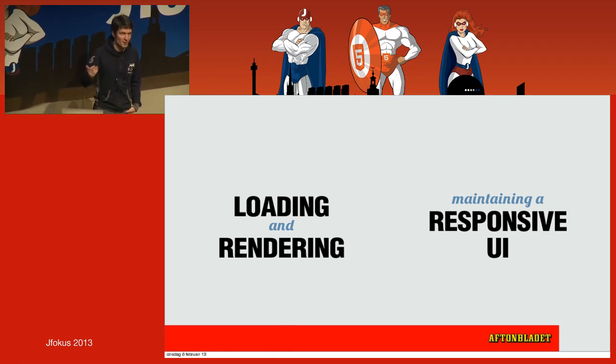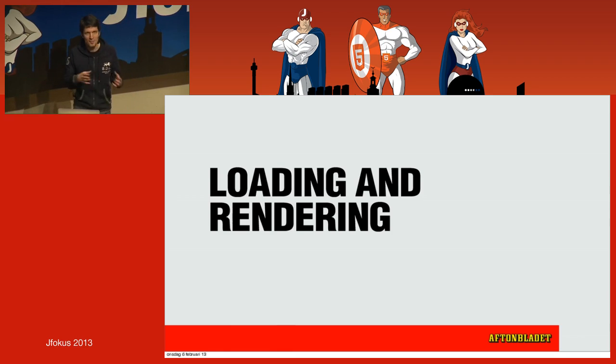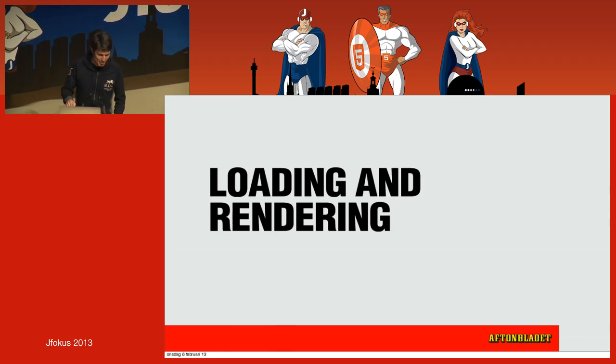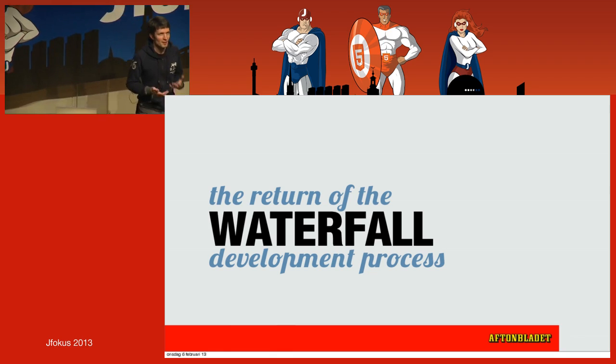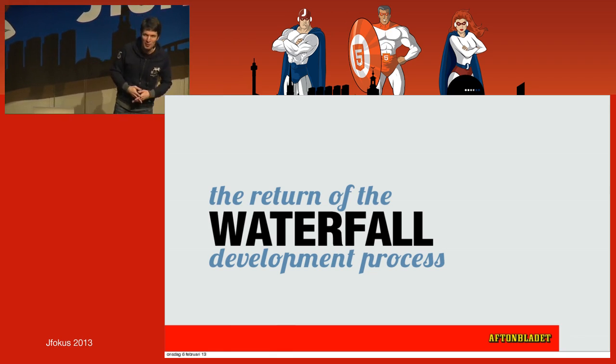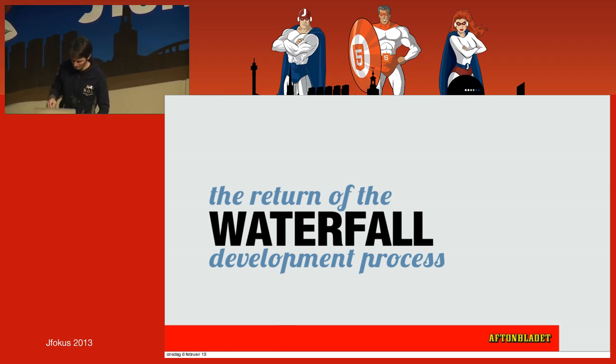So the first part, which is where most of these tools are, is in the loading and rendering part. And the loading and rendering is all about getting a nice waterfall view of the page.